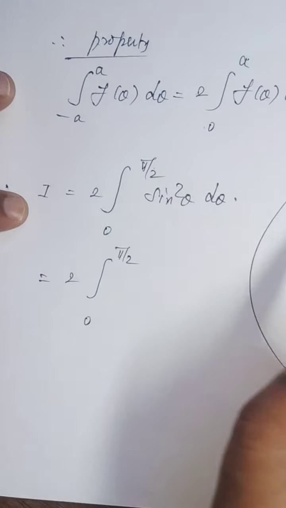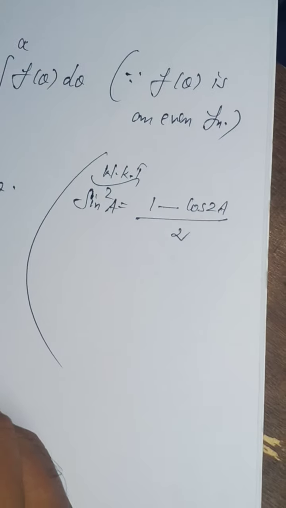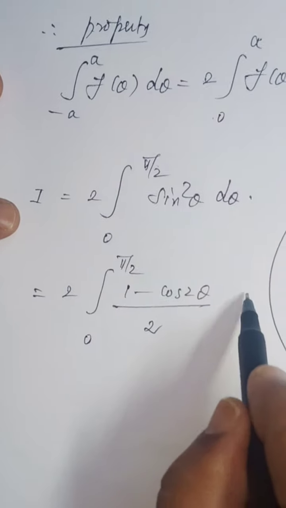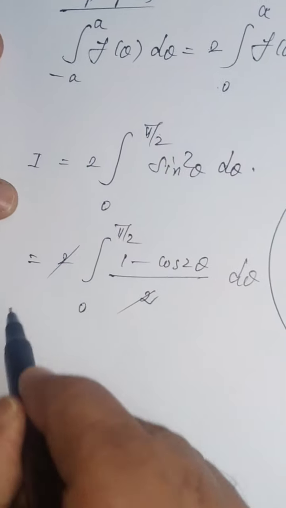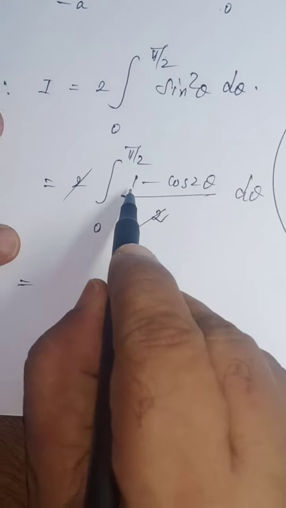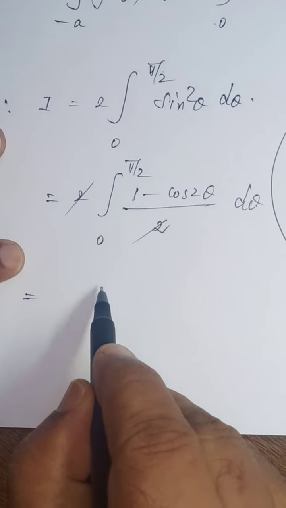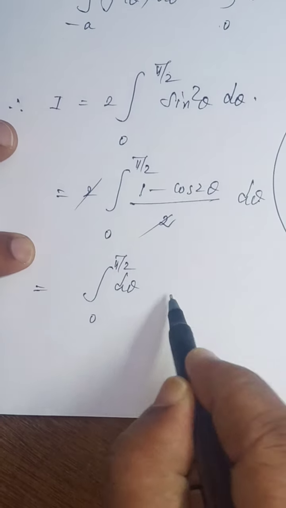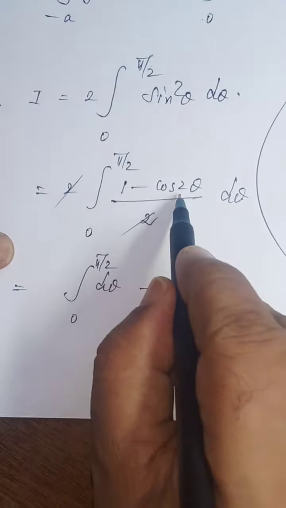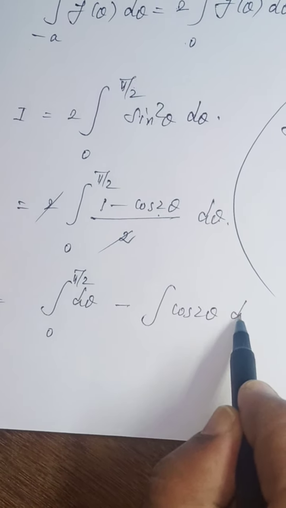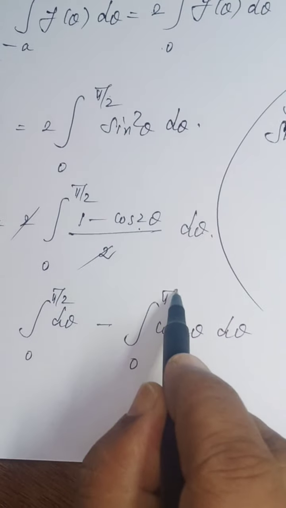Sine squared theta can be replaced by 1 minus cos 2 theta whole divided by 2 into d theta. The 2 gets cancelled. So, this can be separated as integral 1 into d theta, limit 0 to pi by 2, minus integral cos 2 theta d theta, 0 to pi by 2.